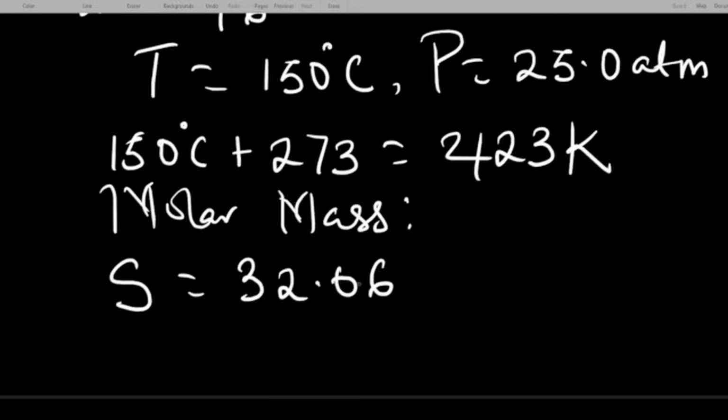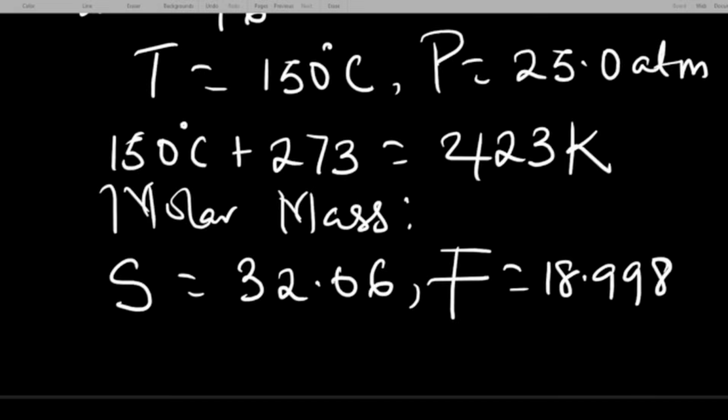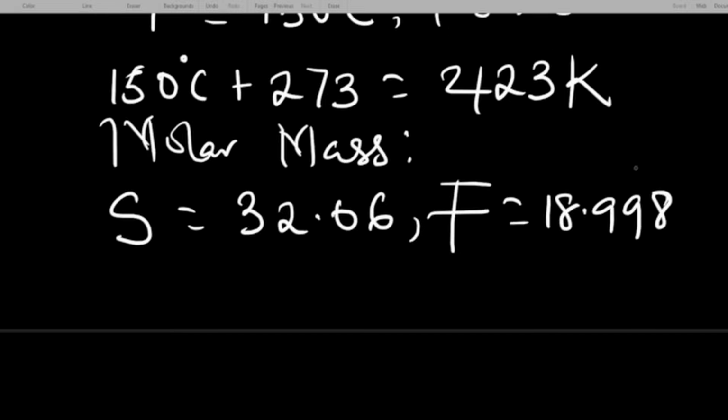And then for fluorine, the atomic mass unit is 18.998.